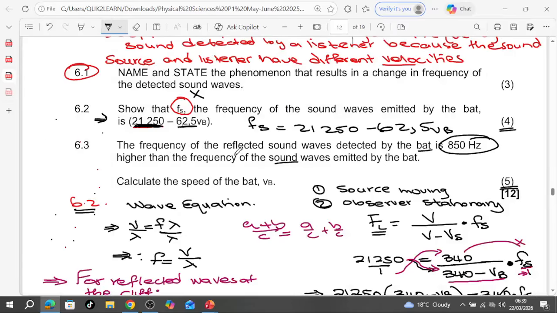They say the frequency of the reflected sound waves.